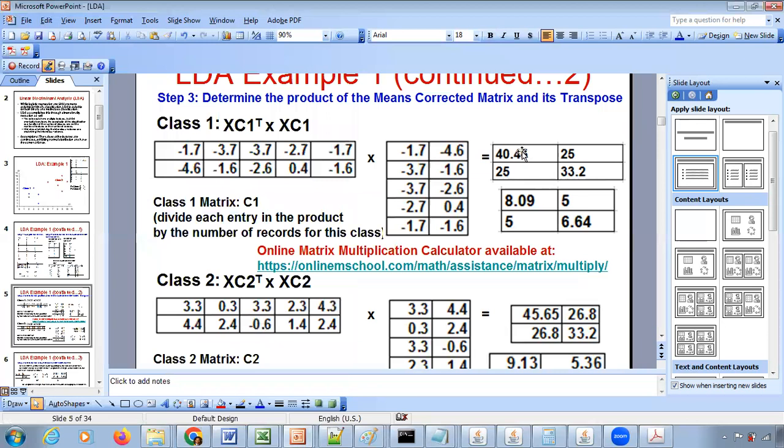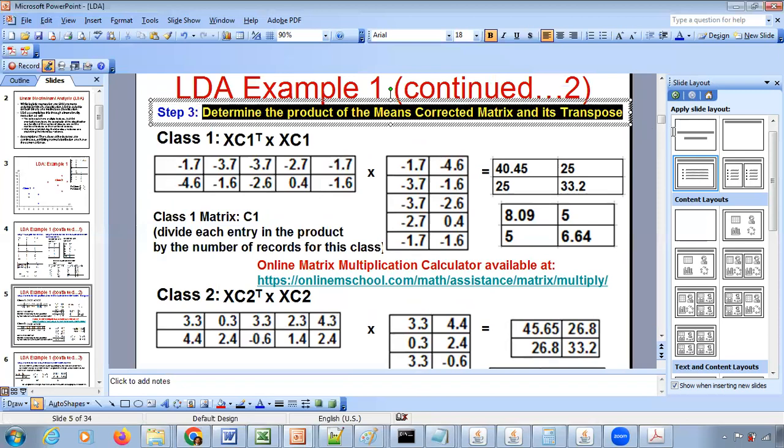So we divide each of these entries by 5. 40.45 divided by 5 is 8.09. 25 divided by 5 is 5. Again, 25 divided by 5. Then 33.2 divided by 5 is 6.64. So this is what we need to find as a result of this step.